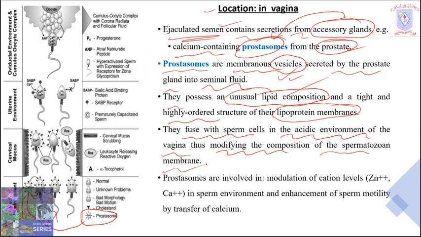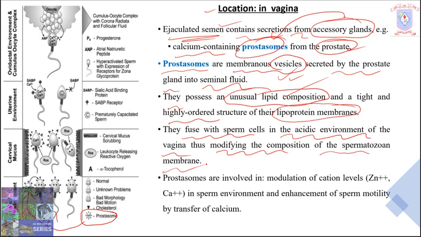So these prostasomes are already present in the testis also, isn't it? But they are activated only in the acidic environment of the female reproductive system. So they are inactive in the male reproductive system. The prostasomes cannot function on the sperm inside the male reproductive system, but only in the female reproductive system do these prostasomes get activated.